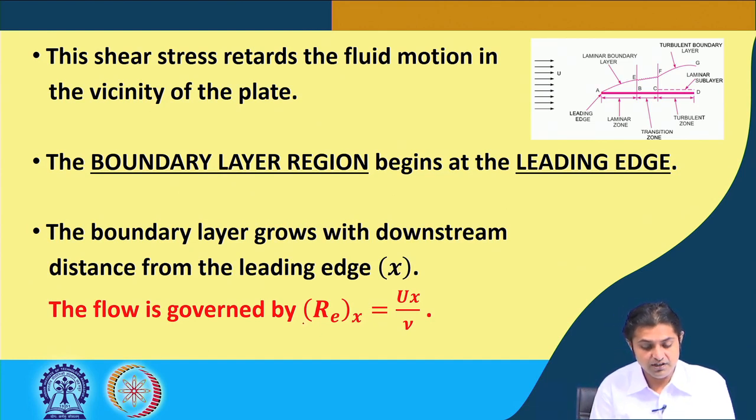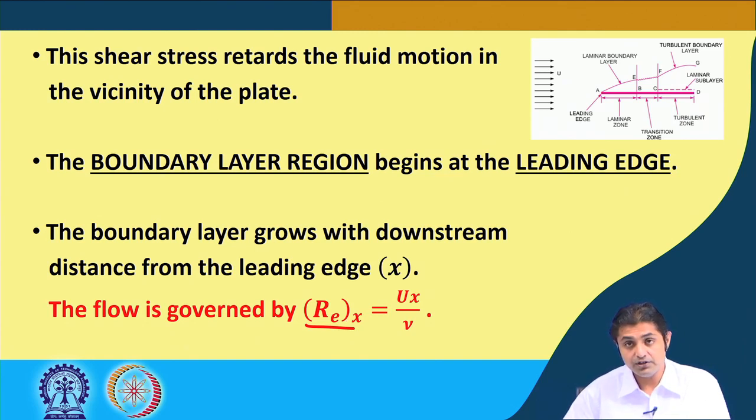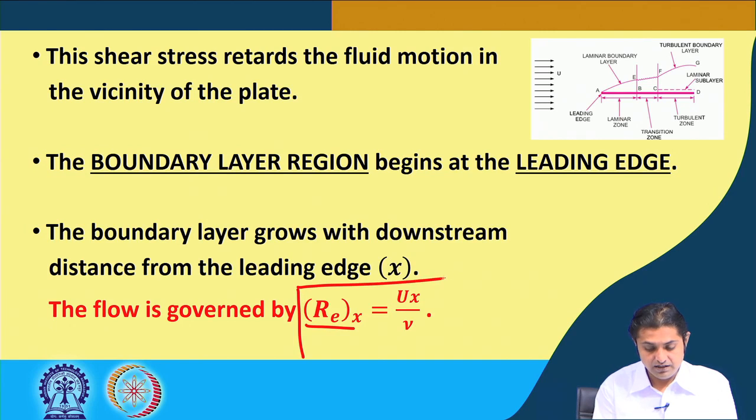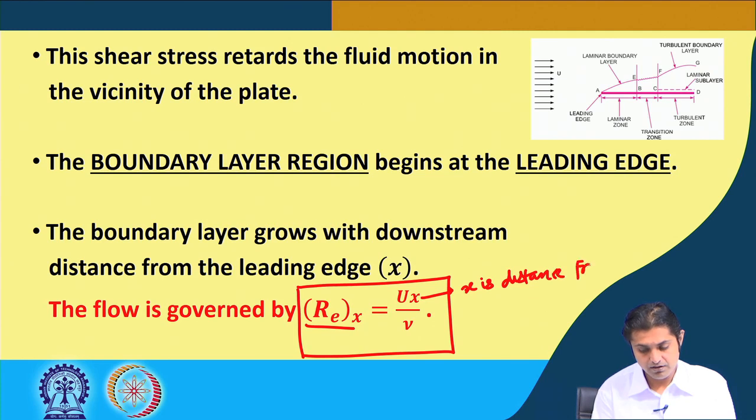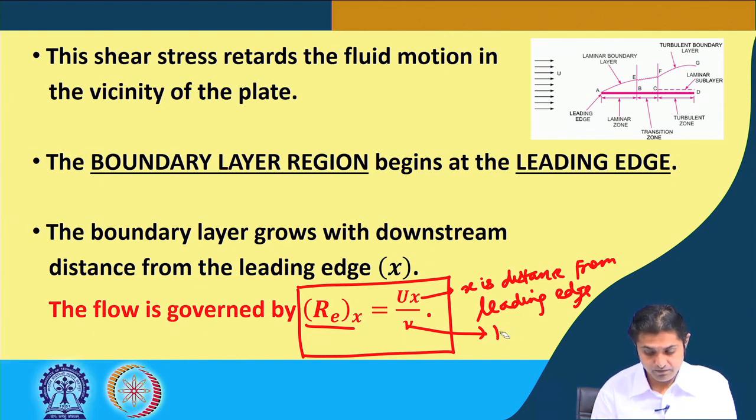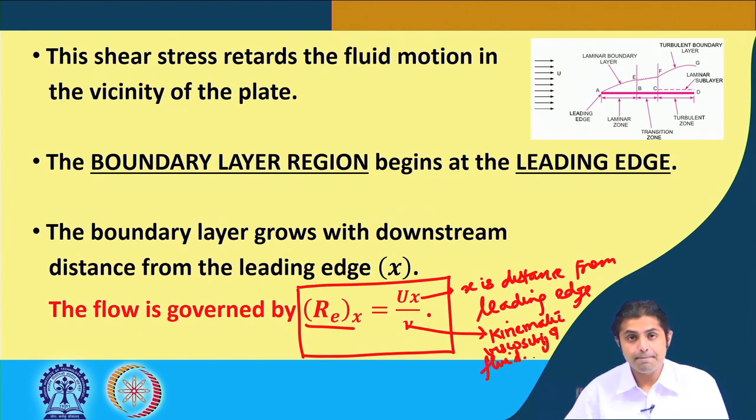There is going to be a Reynolds number associated with this phenomenon, that is the development of the boundary layer, which is given here. Re at a distance x is given by u x by nu, where u is the free stream velocity, x is the distance from the leading edge of the plate, and nu is the kinematic viscosity of the fluid.